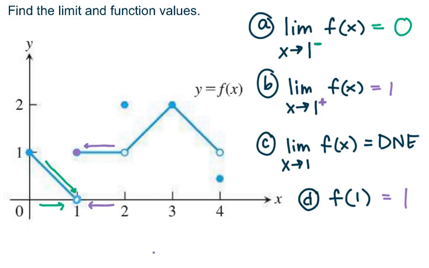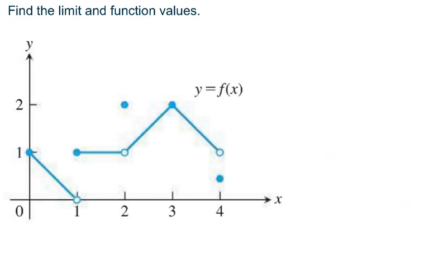So let's look at some other points on this graph. I'm going to pause and erase my work. So here, let's look at the limit as x approaches positive 2 from the left of this function.